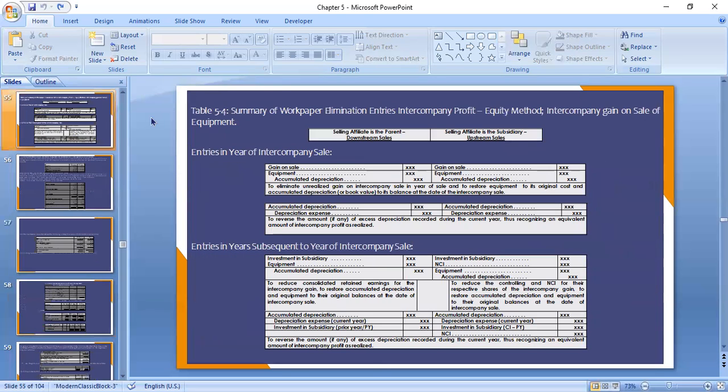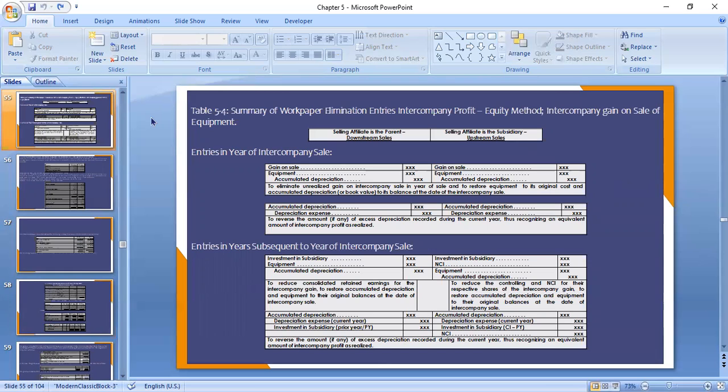So we have the summary of work paper elimination entries for the intercompany profit using the equity method, intercompany gain on sale of equipment. The selling affiliate is the parent for the downstream sales, and the selling affiliate is the subsidiary for the upstream sales.